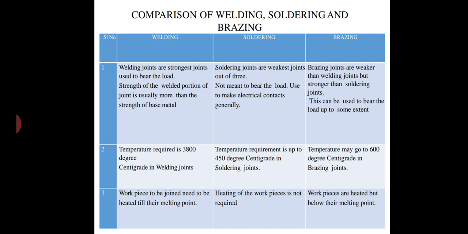And to conclude the session, here is a comparison of welding, soldering and brazing. Definitely this comparison chart will give an overview of the differences between the processes, so it will be very easy for you to learn. Have a read on this comparison chart.